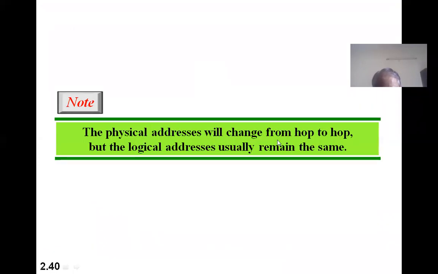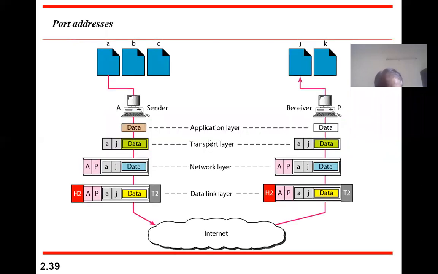Now the physical address will change from hop to hop, but the logical address usually remains the same. This logical address is nothing but this capital A, capital P, that is the node address. Small a and small j are process addresses or port addresses.